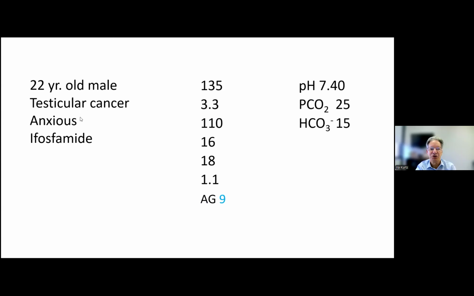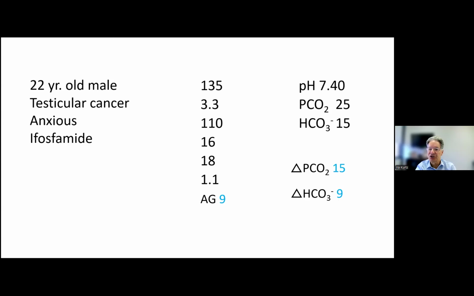So here's a 22-year-old male with testicular cancer who was anxious and on ifosfamide. Remember, ifosfamide can cause a severe proximal RTA. And the patient had a bicarb of 15 and a PCO2 of 25, the anion gap was normal.